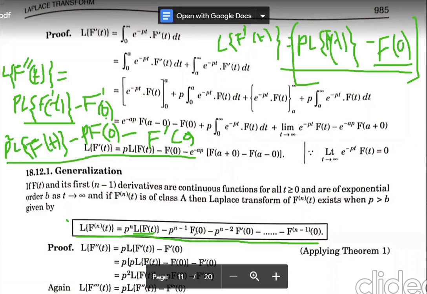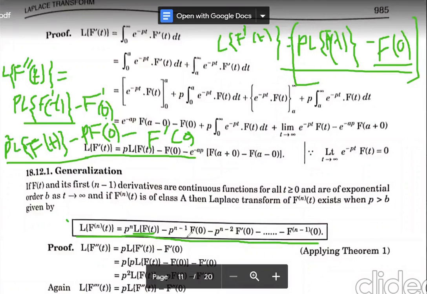Now, the power of p starts with n, whatever be the order of the derivative. So p to the power n, the Laplace transform of f of t, minus, then the power of p goes on decreasing by 1, so it will be p to the power n minus 1 f of 0, then minus p to the power n minus 2.